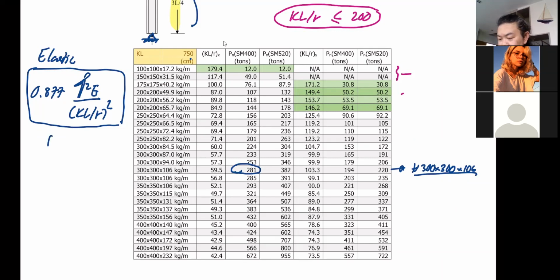No Fy. Which means when your compression member is in the elastic region, the increase of strength doesn't help. So that's why when you are in the green zone, it doesn't matter which steel grade you use, you still get the same load carrying capacity. See that?